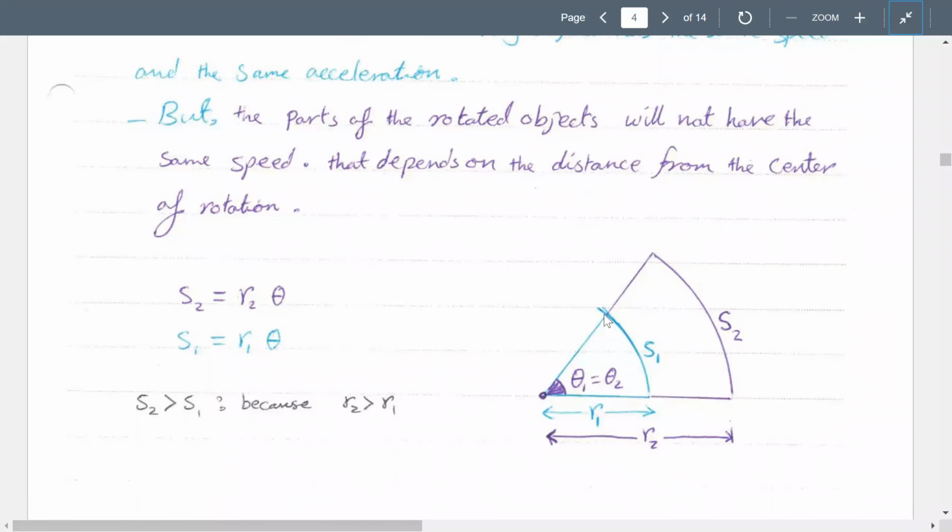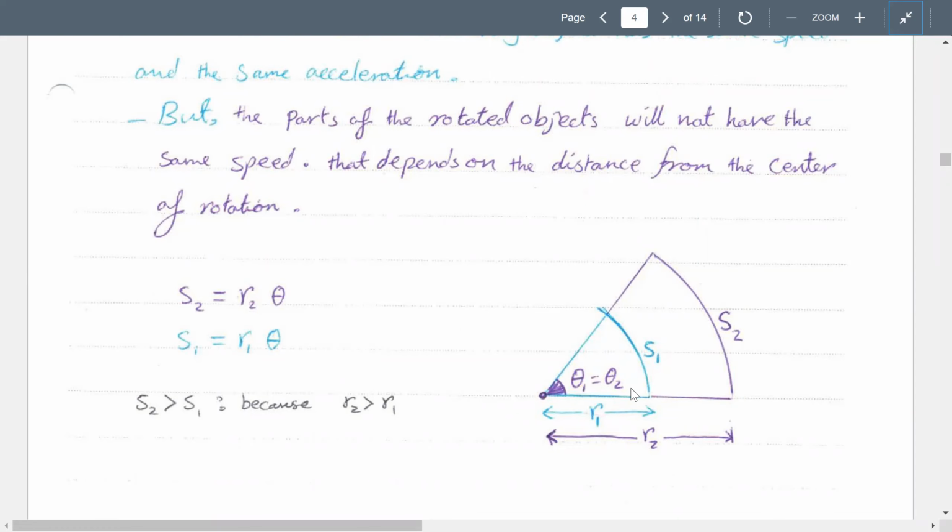If you are rotating an object with a string, and your string is longer, the speed of this object at the end of the string will be faster than the speed at this point. That is for the same theta and the same time.